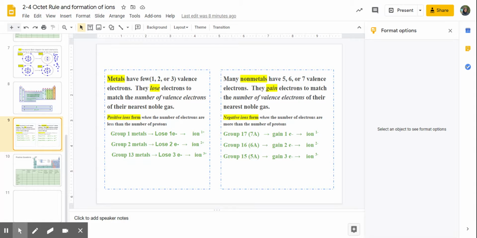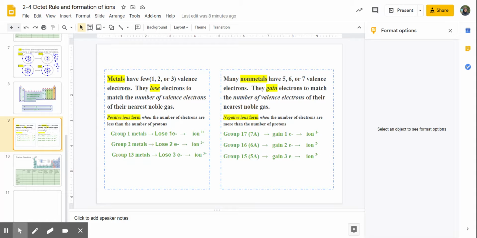So that's what you have in slide number 9. Okay, so let's read it together. Metals have few, 1 or 2 or 3 valence electrons, and they easily lose those electrons to become like the noble gas, and they form positive ions.